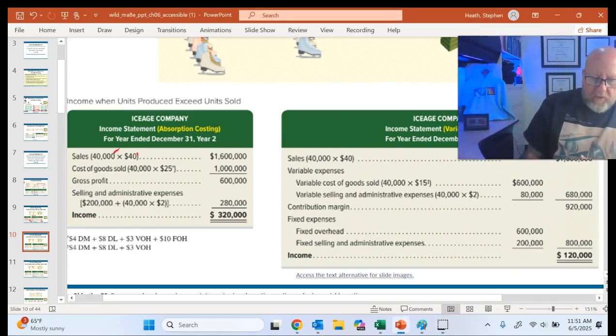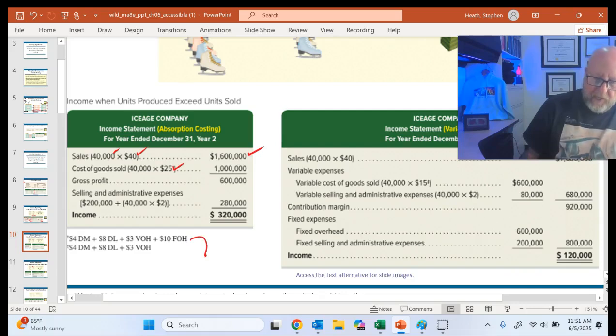We have 40,000 units sold at $40 a piece, 1,600,000. Cost of goods sold, again, is $25 per unit. And we are getting that with $4 direct material, $8 of direct labor, $3 of variable overhead, and $10 of fixed overhead.